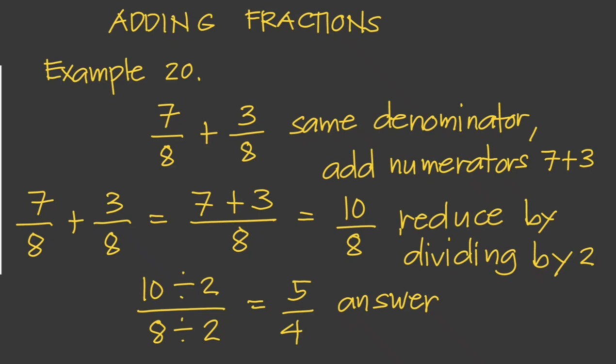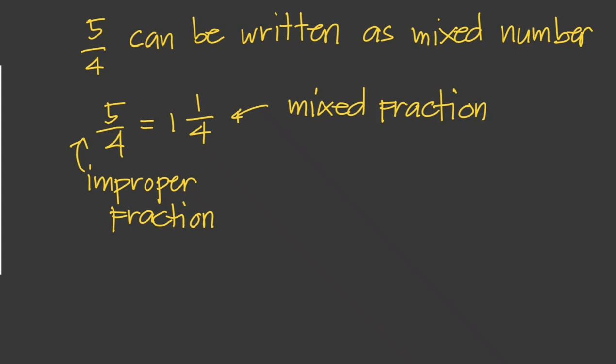Well, 10 over 8 can be further reduced by dividing by 2. So we get 5 over 4 as our answer. Actually, 5 over 4 can be written as a mixed number, but we can stick to our answer as an improper fraction.